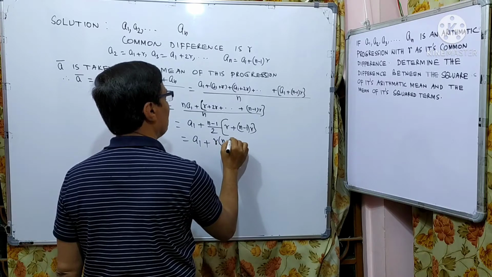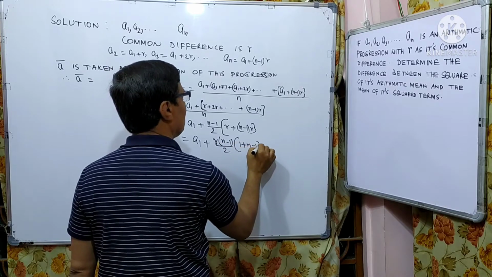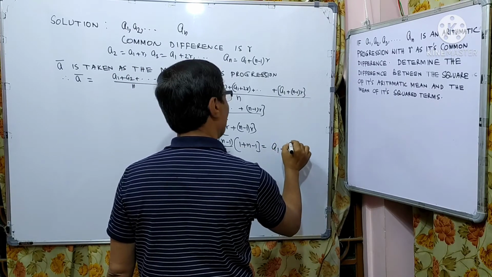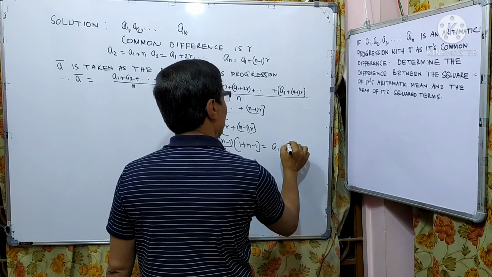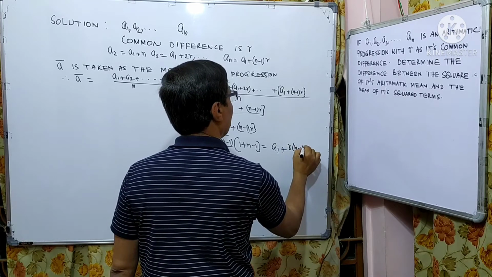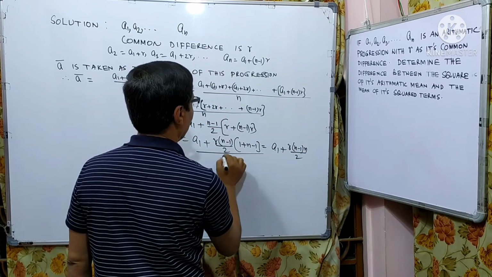This is equal to a1 plus r into n minus 1 over 2 into 1 plus n minus 1, that is a1 plus r into n minus 1 into n over 2 over n.